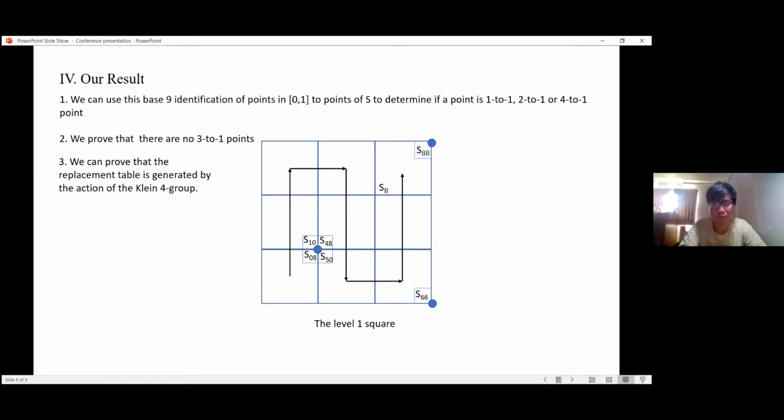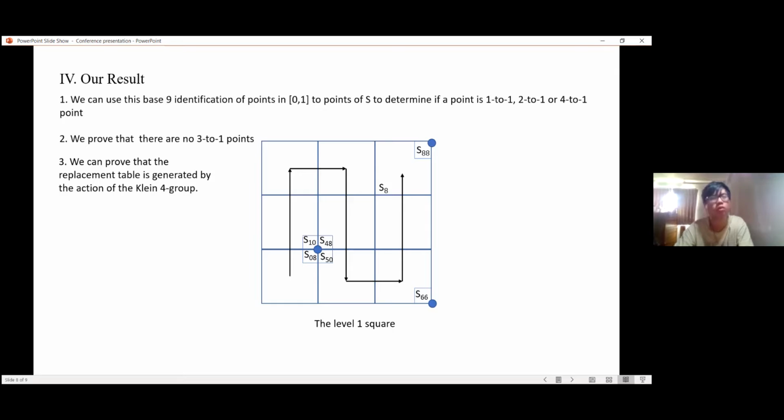Before you say number 3, I would say that the 4-to-1 points are dense, and there are only countably many of them. So countably many 4-to-1 points.